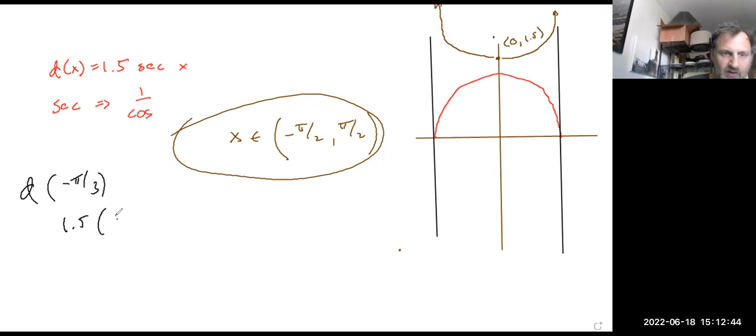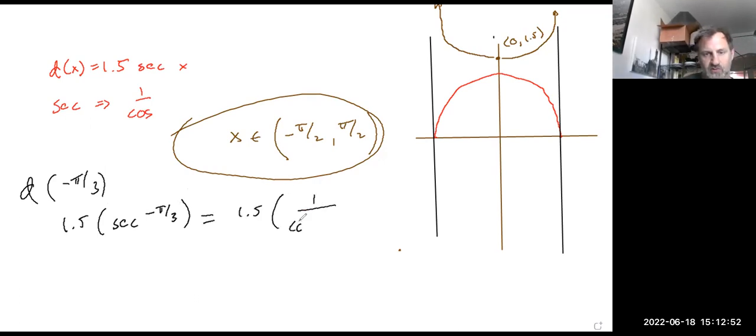from a standpoint of calculating this, most calculators tend not to have secant, so we need to write this as 1.5 times 1 over cosine of minus pi thirds. So in other words, 1.5 divided by cosine of negative pi thirds. I need to make sure my calculator's in radian mode. 1.5 divided by cosine negative pi divided by 3.